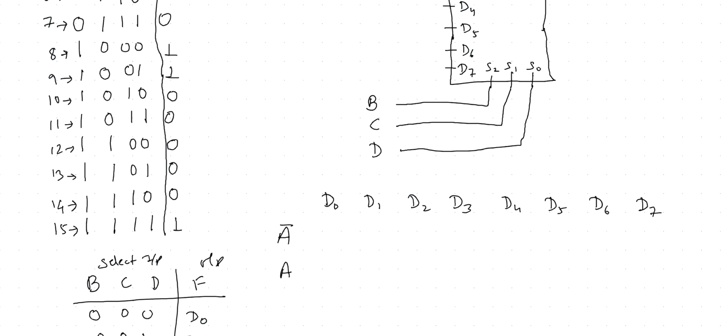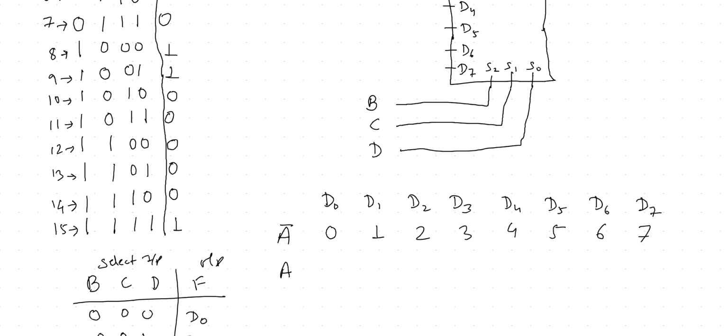So for the position 0, 1, 2, 3, after 3, there will be 4, 5, 6, and 7.